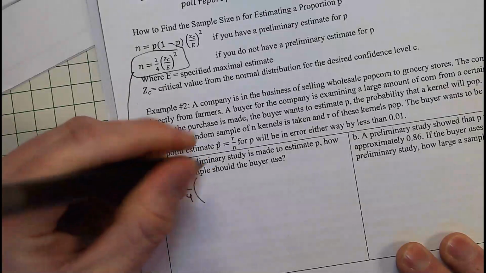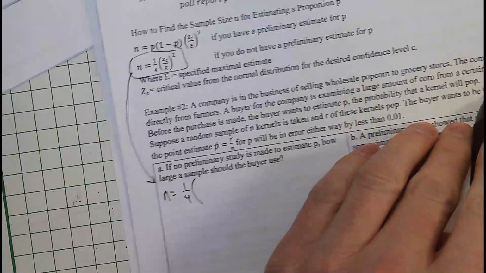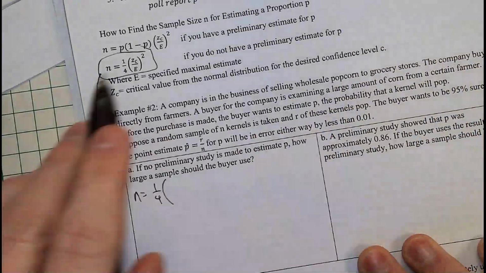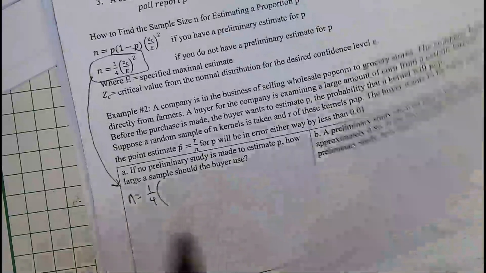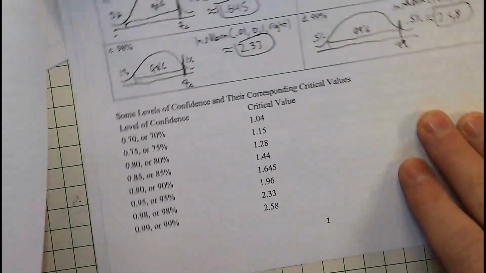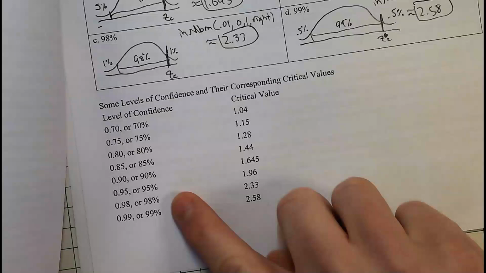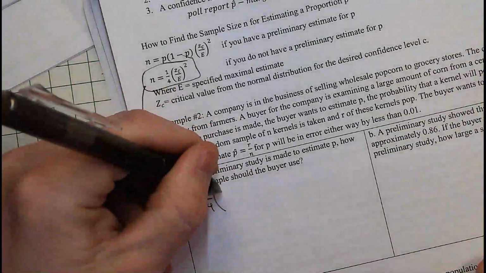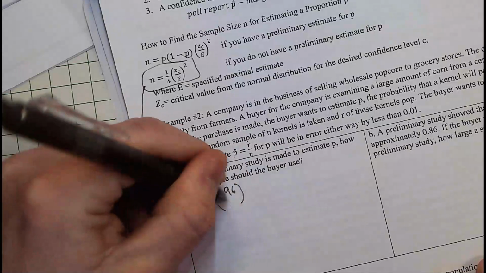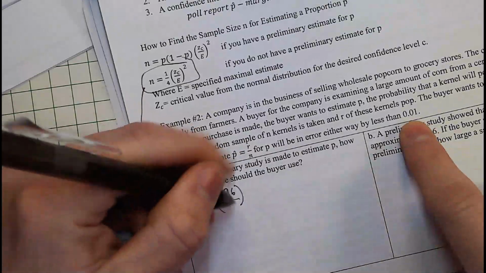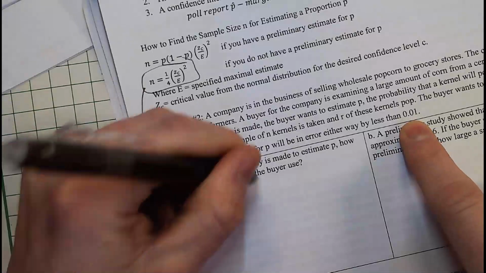Now, Z of C, it's 95% sure. So we're going to use the Z procedure. We can go back to the front page and see what the Z tied to 95% is: 1.96. Good. Divided by E. E is the margin of error you want to stay within. Then we square that.